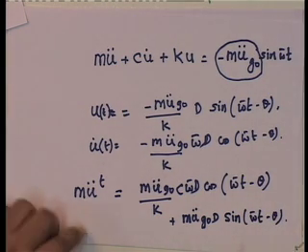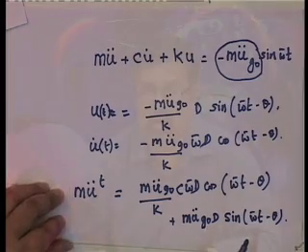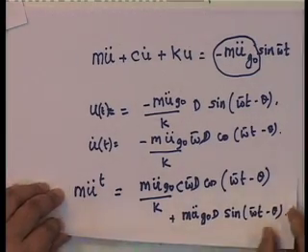Okay. So now we are going to divide throughout by m. If we divide throughout by m, what happens? We get the time history of our total acceleration.